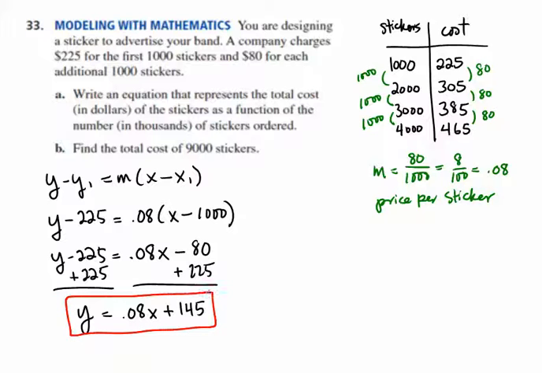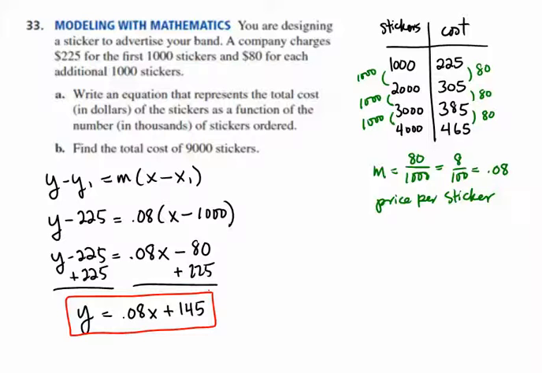Notice that that $145, which is kind of like a setup fee, never shows up in this problem anywhere. So this is a fairly different problem than ones that we've worked with, but it is something that is very real world, and many companies charge something like this. They charge a higher fee for the first 1,000 and then a much lower fee for additional ones. So basically what you're paying is 8 cents per sticker and $145 for a setup fee.